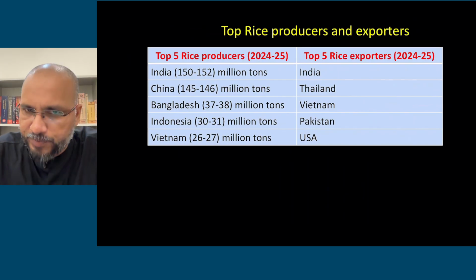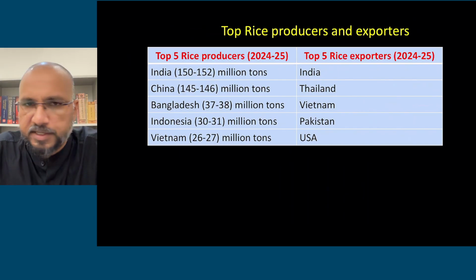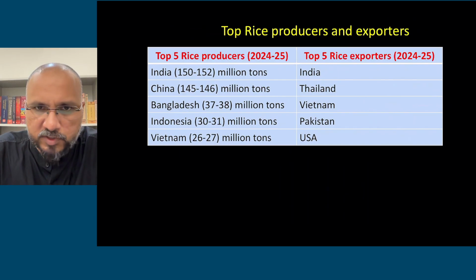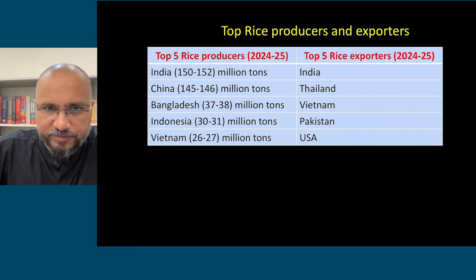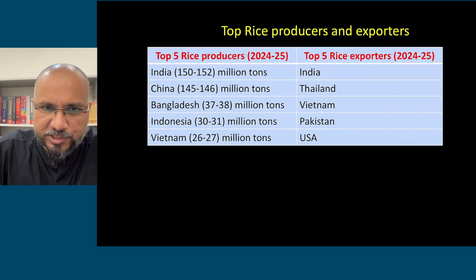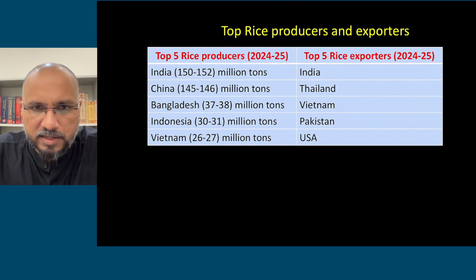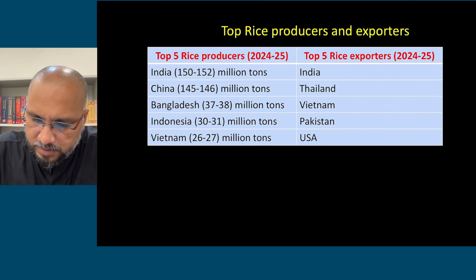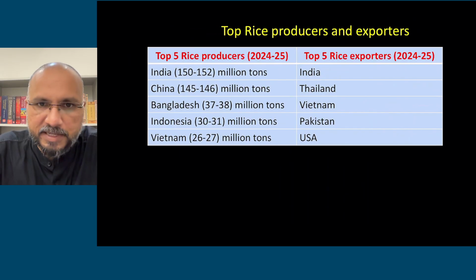So, top rice producers. Over the years, China always was on the top, but last year, due to natural calamities, floods, and everything, India for the first time has occupied the first place. The gap is not much, less than 10 million tons.